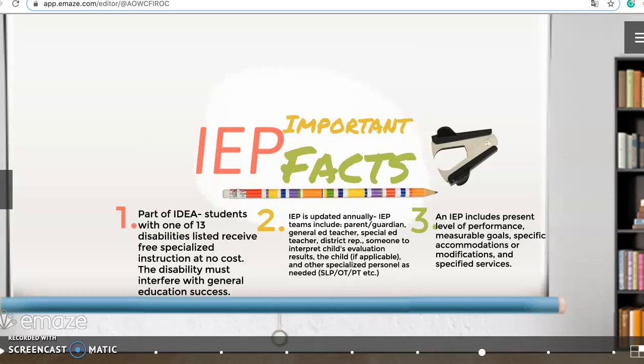This can be changing not only their environment and how things are presented to them in the form of accommodation, but also modifications where students have different goals for what they are expected to learn. And these services need to be in an environment that is the least restrictive. So this should be in the general education classroom, although in some instances they are best served in a special education classroom or a combination of both.